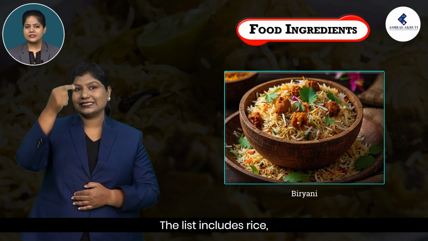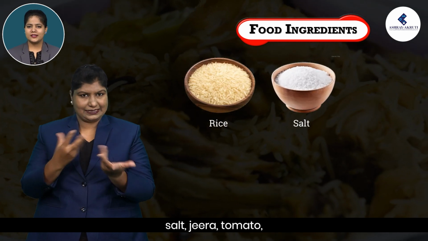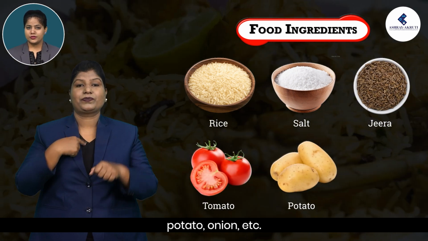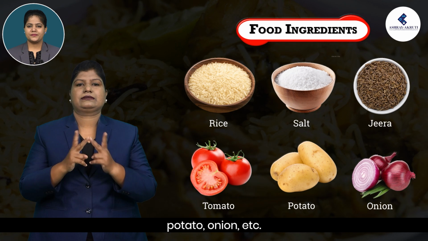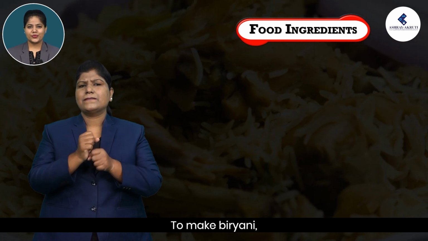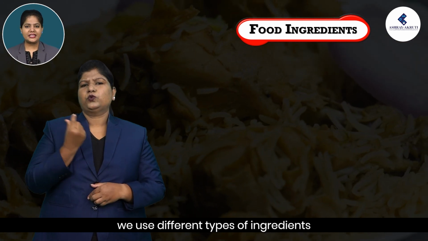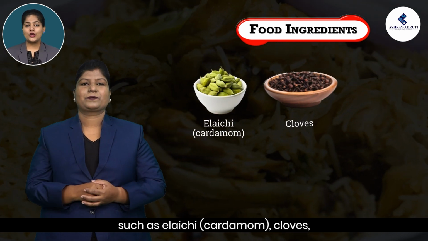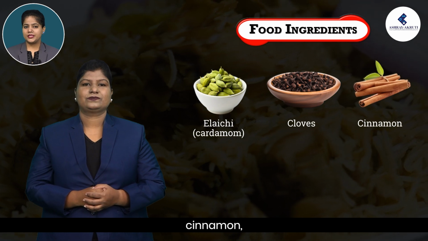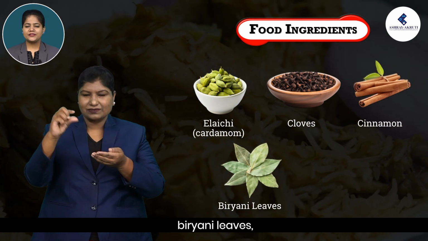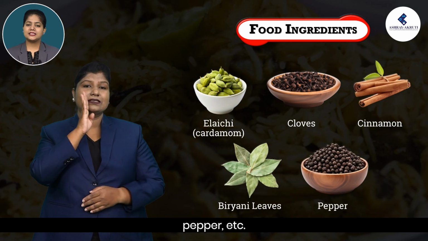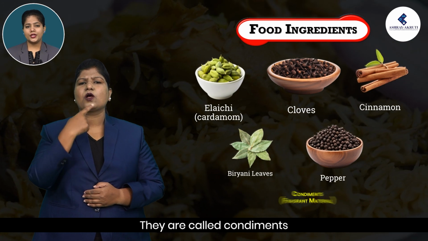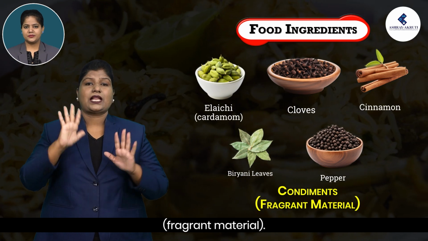The list includes rice, salt, jeera, tomato, potato, onion, etc. To make biryani, we use different types of ingredients such as elaichi, cardamom, cloves, cinnamon, biryani leaves, pepper, etc. They are called condiments, fragrant material.